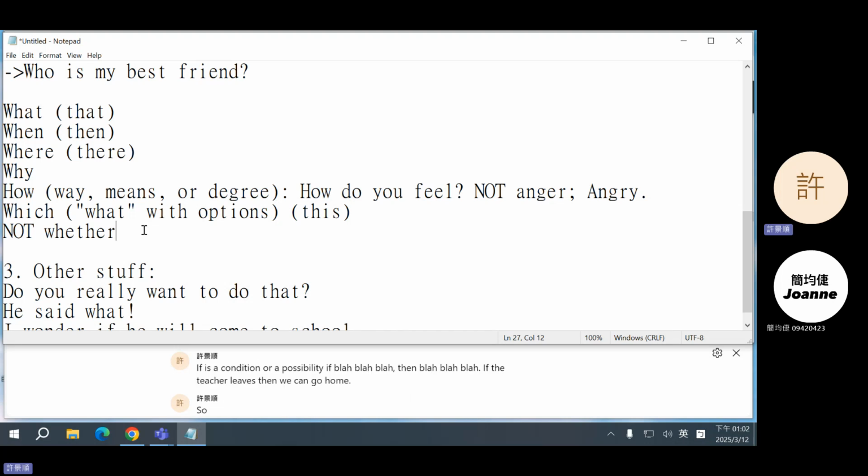So in that example, if has one possibility. But whether is when you have two and only two possibilities. If something happens or if something doesn't happen. Whether the teacher uses English or Chinese, we still have to pay attention. So you see there are two options. Teacher uses English, teacher uses Chinese. That's when you use the word whether. Whether is not to ask questions.